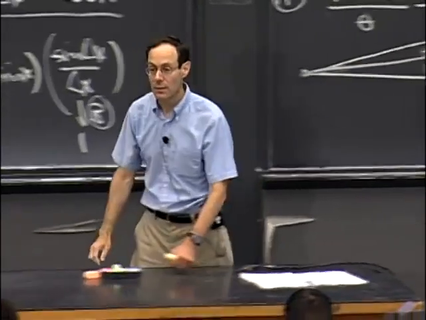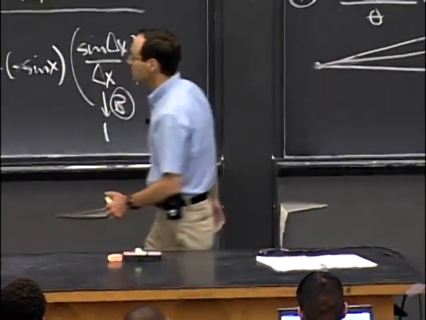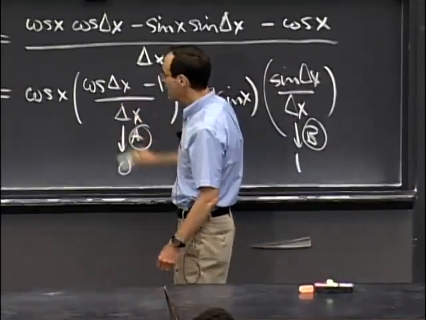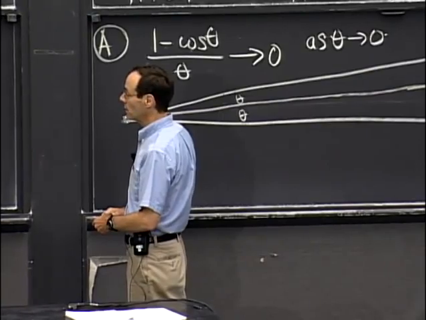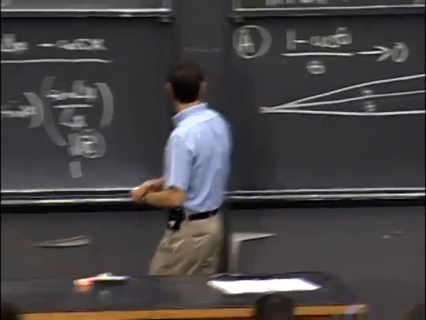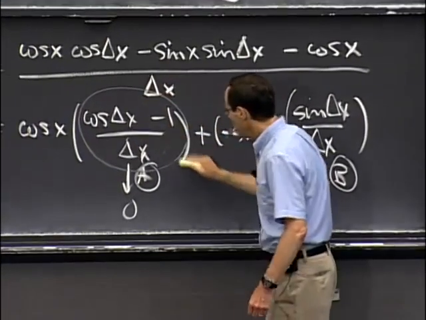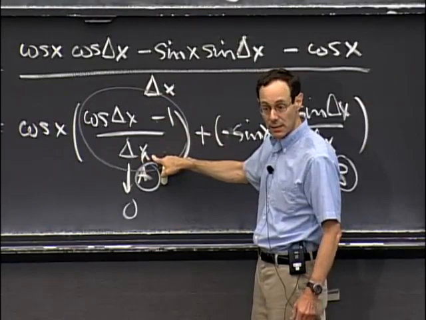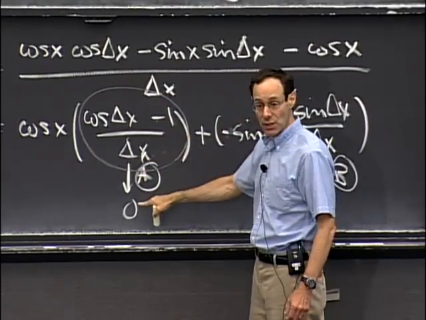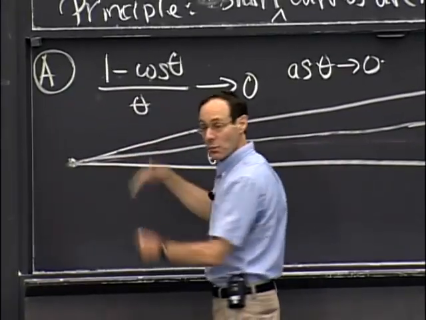Is cos theta minus 1 over theta the same as 1 minus cos theta over theta? The equation that you wrote beside here. So here, what I wrote is cosine delta x minus 1 divided by delta x. Okay? And I claim that it goes to 0. Here, I wrote the minus of that.